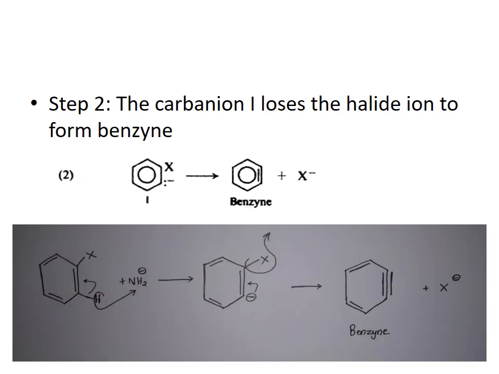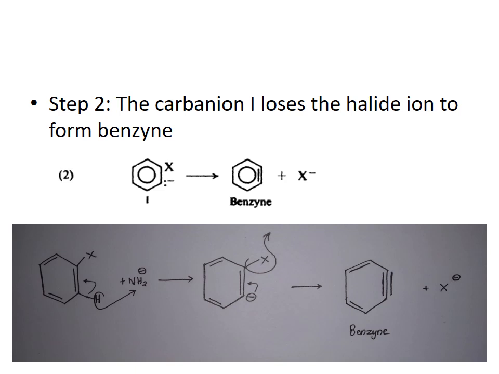The second step of elimination is that the carbanion 1 formed in the first step loses the halide ion to form benzyne.